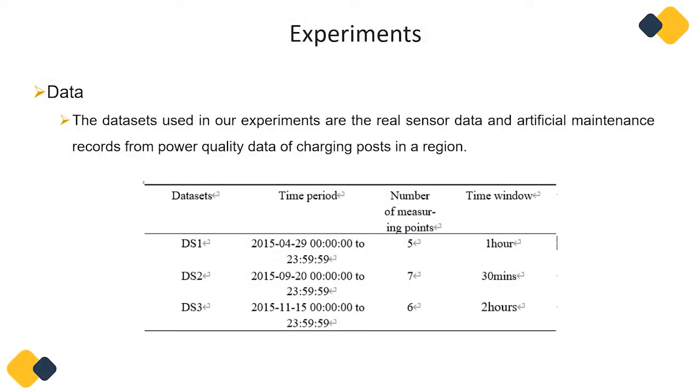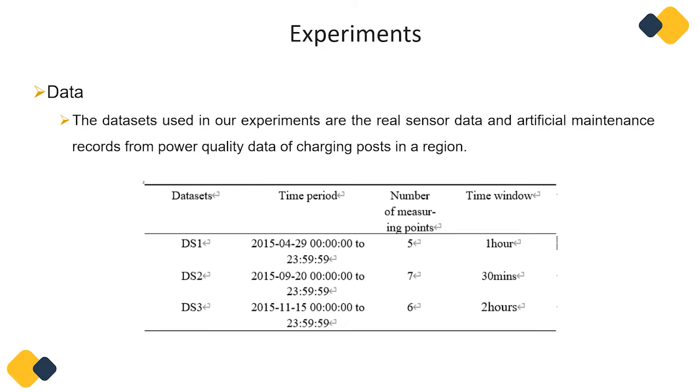Next, I will introduce the experiments part. Firstly, I would like to show the datasets we used in this paper. The datasets used in our experiments are the real sensor data and artificial maintenance records from power quality data of charging posts in the region.